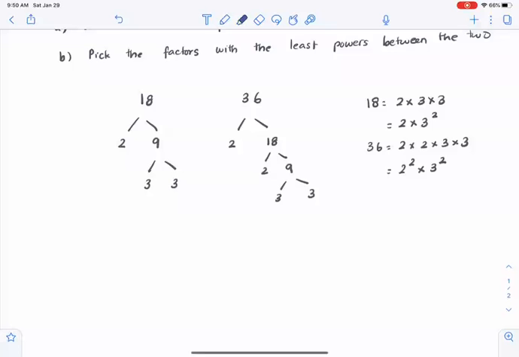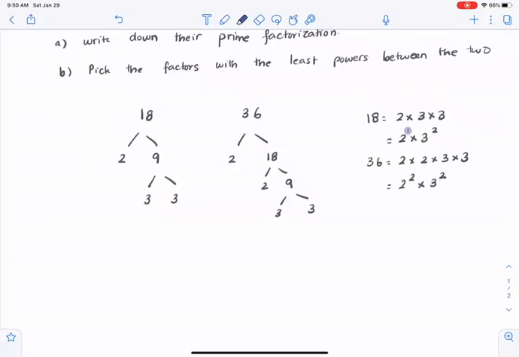So the power of 2 that is smaller in the two prime factorizations is 1. And over here, for 3, the powers are equal. So the GCD, or the greatest common factor, must be 2 raised 1 times 3 squared, which is 18.